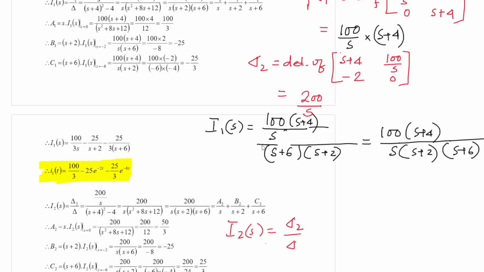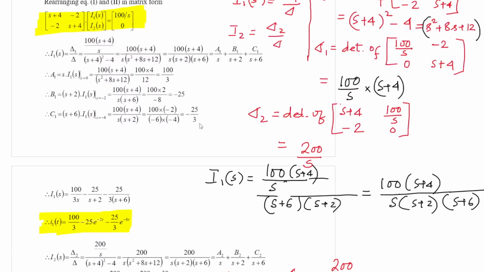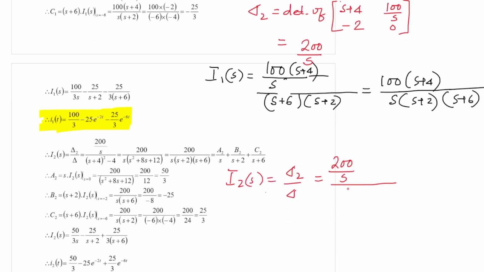What is delta 2? Delta 2 is nothing but 200 by s. And what is delta? Delta is s square plus 8s plus 12, which is s plus 2 into s plus 6.